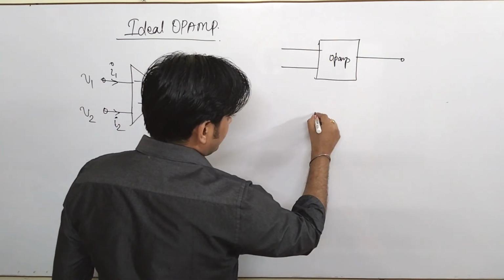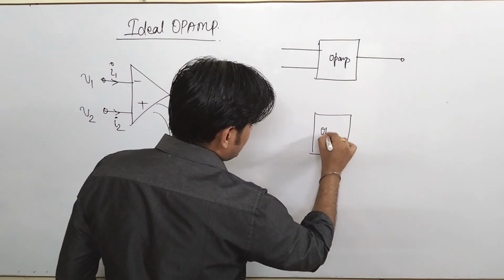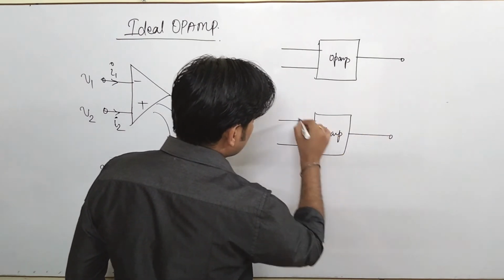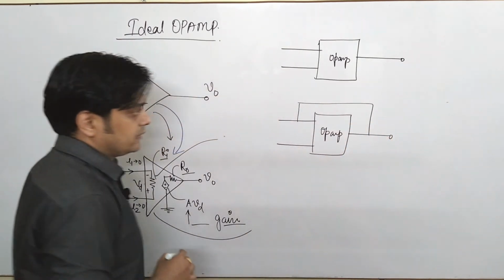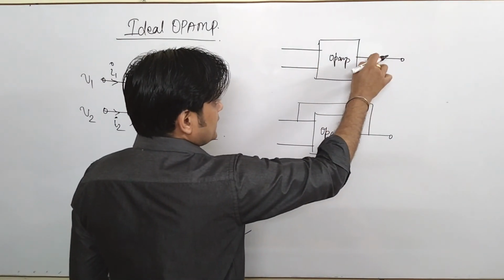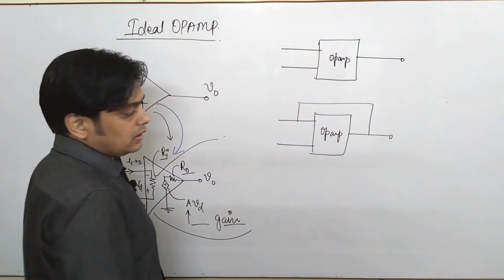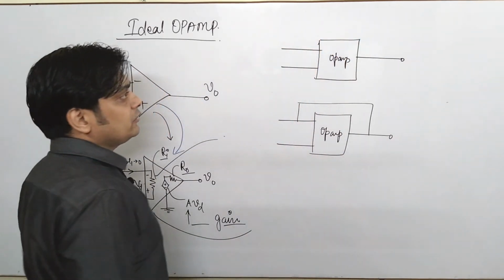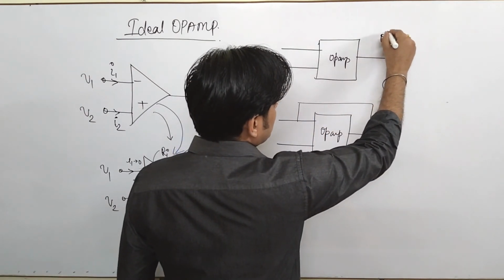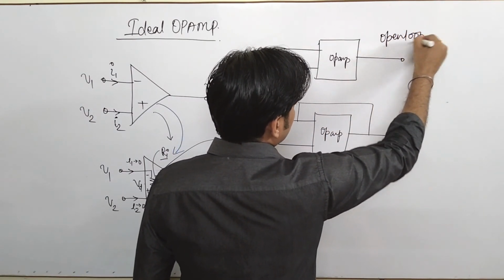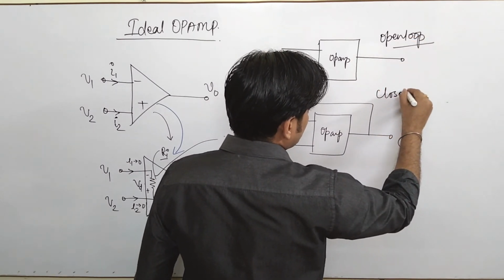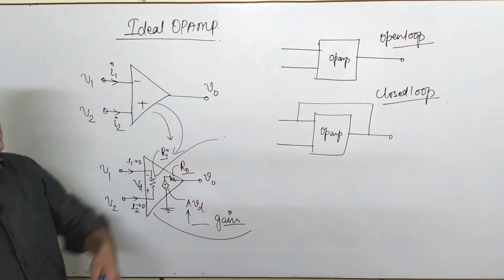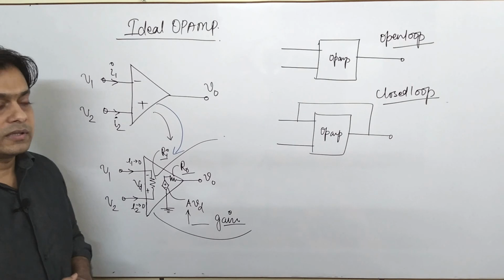Now the same OPAMP with the output connected back in this fashion: when output is fed back to input, it is known as a closed loop system, and when no output is fed back to input, it is known as an open loop system. So this is your open loop system and that is your closed loop system.